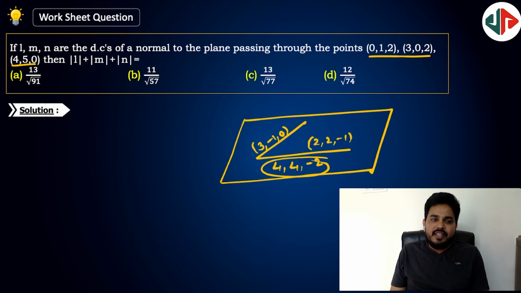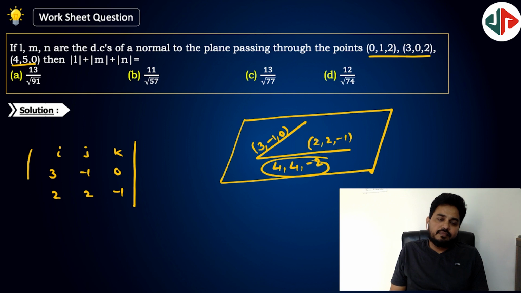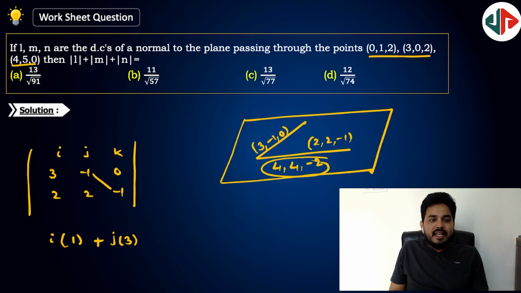Cross product of this: i, j, k, 3, minus 1, 2, 2, minus 1. So i into 1 minus 0 is 1. For j, actually a minus sign will be there: minus 3, so plus 3 because of minus of minus.